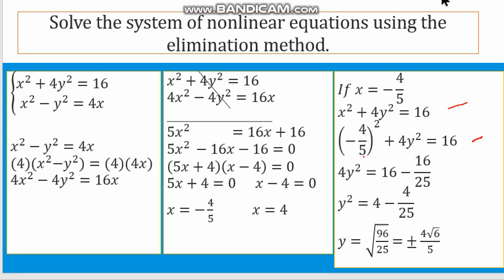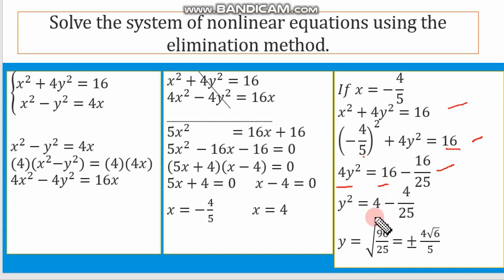Negative 4 times negative 4 is positive 16, over 5 times 5 is 25, so that's 16 over 25. Transposing it to the right, it becomes negative 16 over 25, and then the 16. We divide both sides by 4.